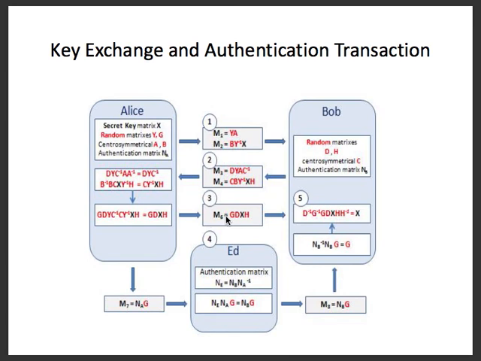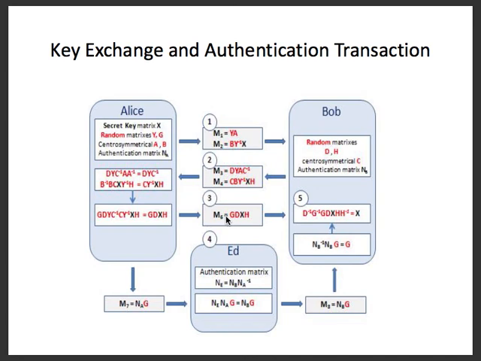We add a third party who knows both Alice and Bob. Just knows them. Say Alice agreed with Ed and set a special matrix NA, like an authentication matrix. And Bob also gave Ed this matrix NB, and Ed just keeps it.